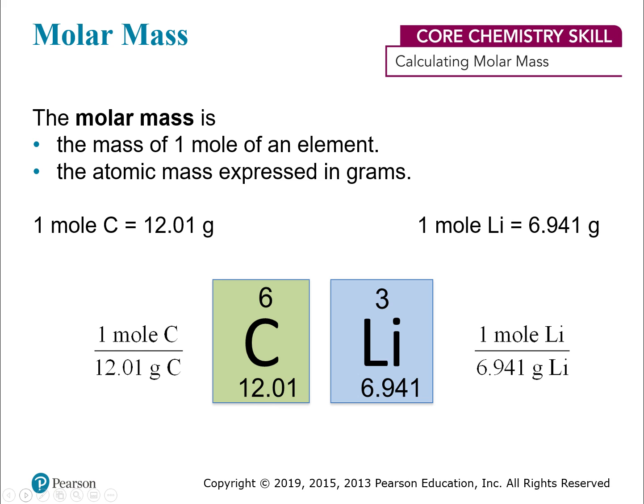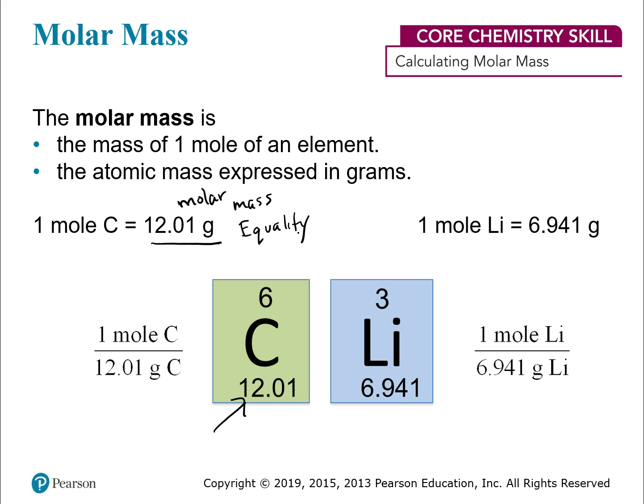So here are a couple more examples. If I have carbon, 1 mole of it, I express its atomic mass in grams, and that tells me the molar mass. So this is another equality.